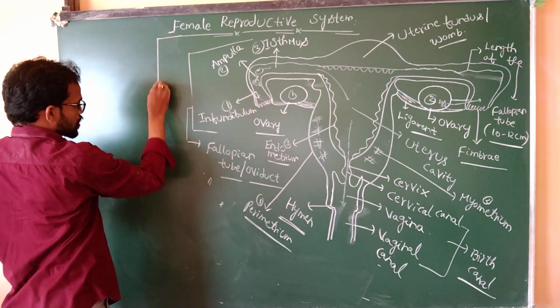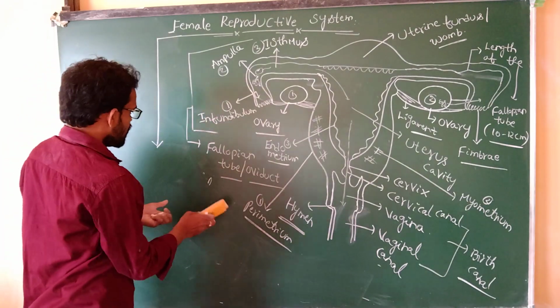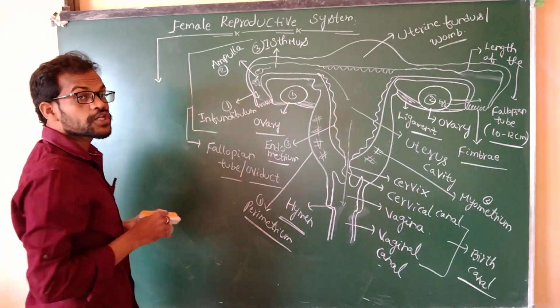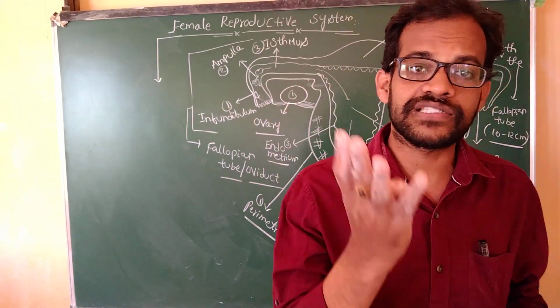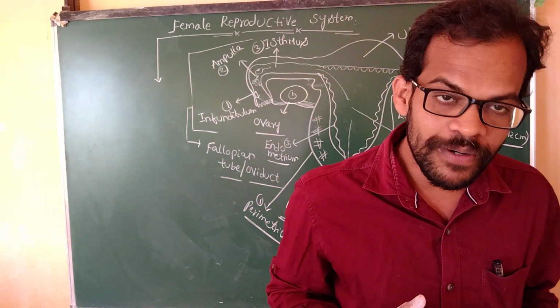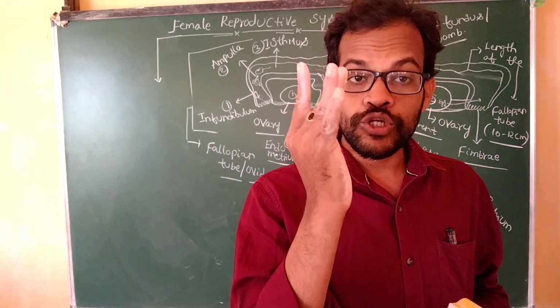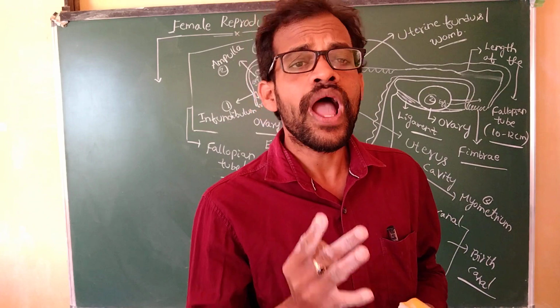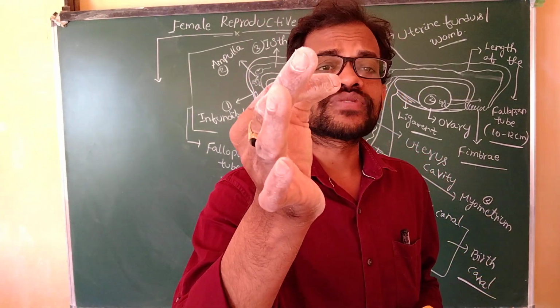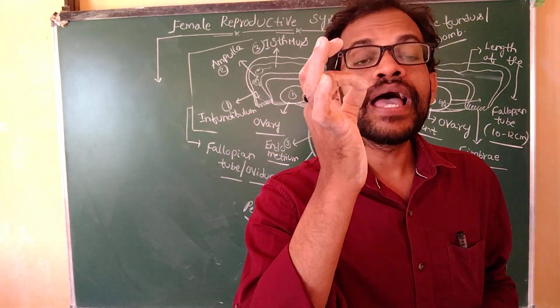The female reproductive system consists of different organs: ovaries, fallopian tube, accessory ducts, uterus, cervix, cervical canal, vagina, hymen, external genital organs and mammary glands.